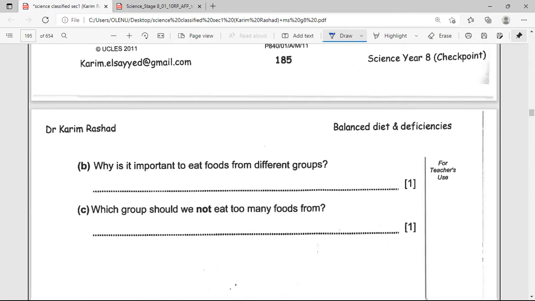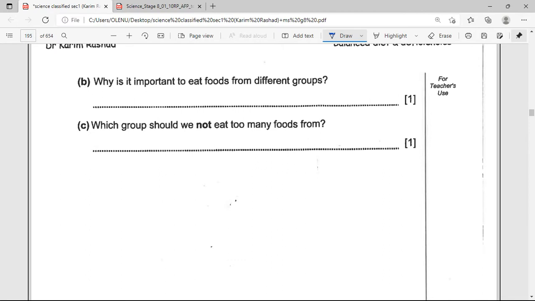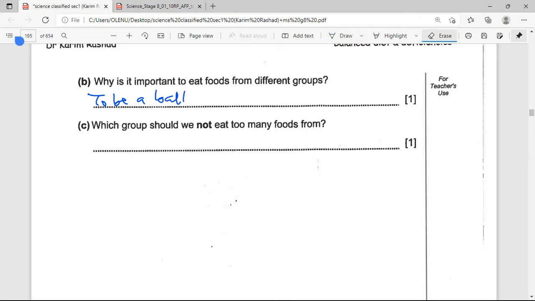Now, why is it important to eat food from different groups? The reason is to have a balanced diet, which will help you to stay healthy.